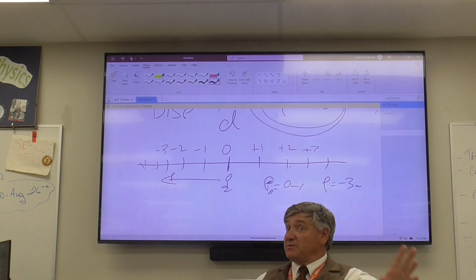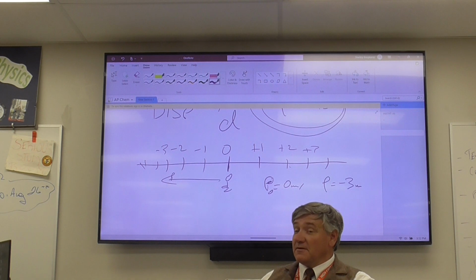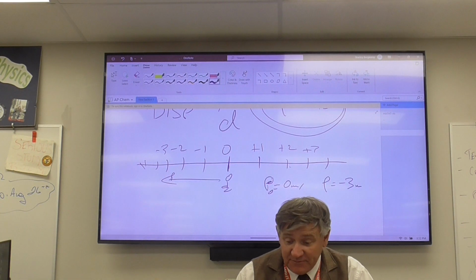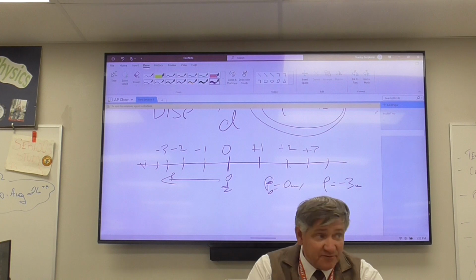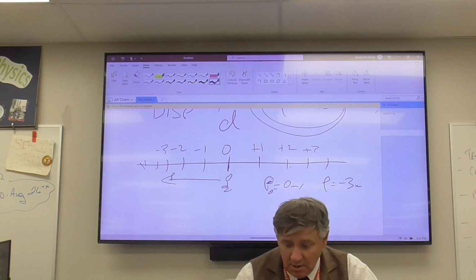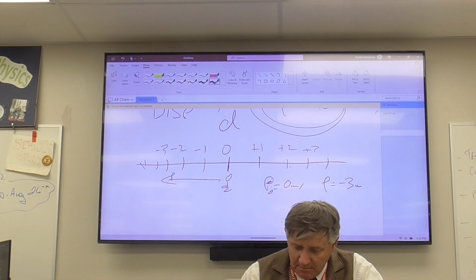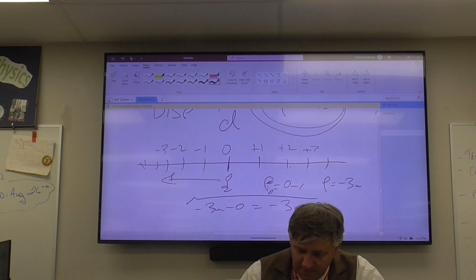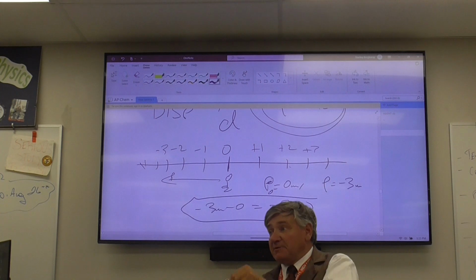Why? There's a big difference between the two. Because you went towards the negatives. Yes. Or, mathematically, displacement is position final minus position initial. I'm going to take -3 meters minus 0, and I'm going to get -3 meters. So that's my displacement.